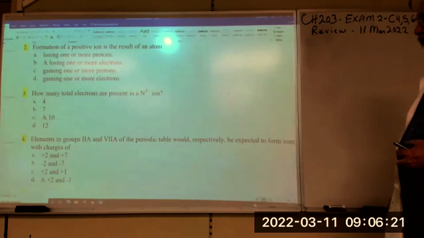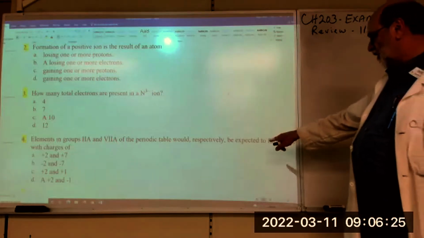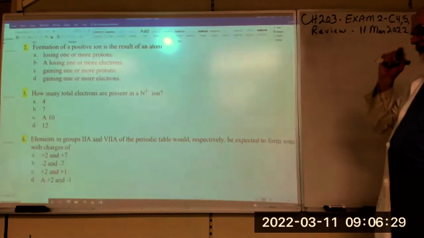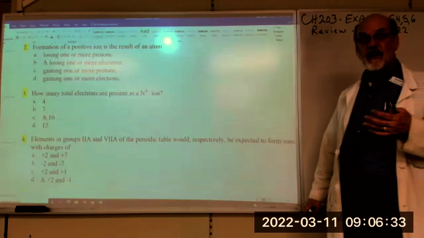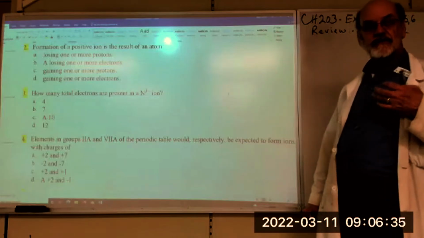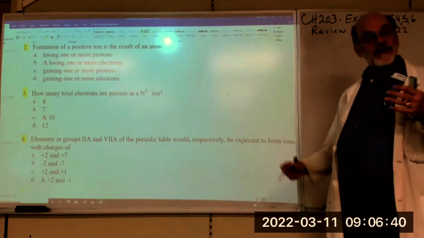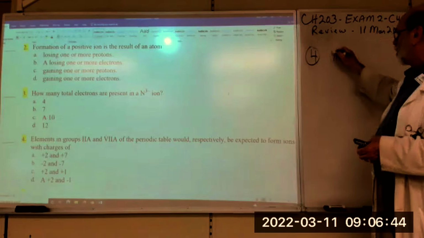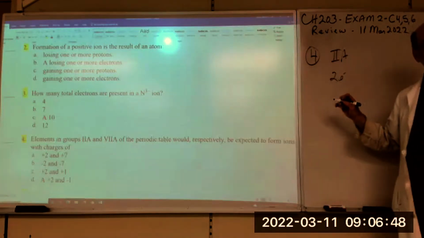Okay, so elements in group 2A and 7A would be expected to form ions with charges of what? Now you have to look at where they're located, what kind of elements they are. The 2A's have 2 valence electrons, and if we're going to obey the octet rule, for 2A's you've got 2 valence electrons.